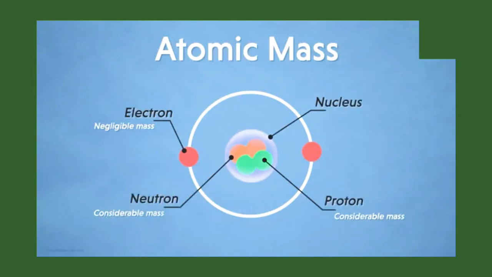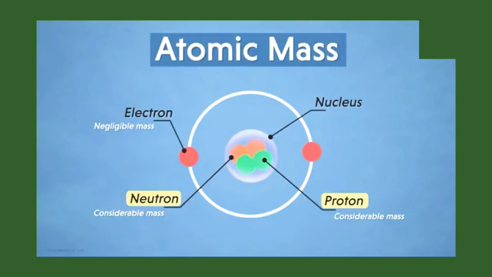Now tell me one thing, which among these two particles should be considered? Shall we consider only the mass of protons or only the neutrons? Or both together? Well, since both have a significant amount of mass, we will consider the mass of both together.